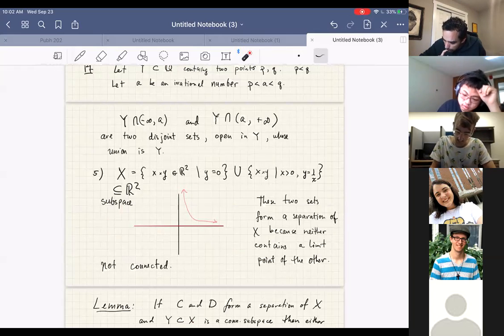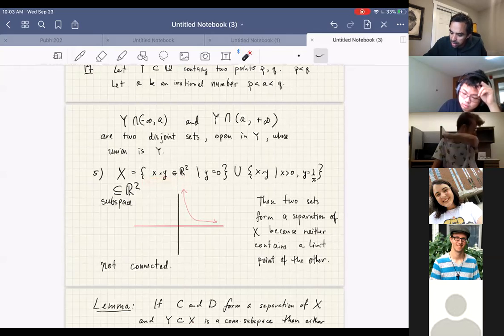Another example. So consider the following space. Consider the space consisting of all points in the plane x cross y such that y equals 0.